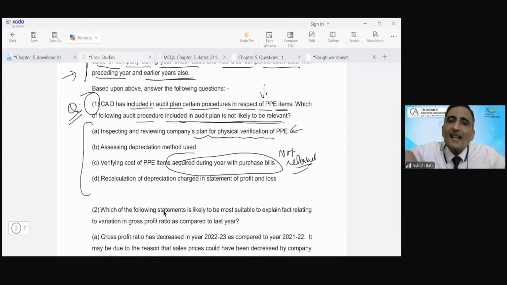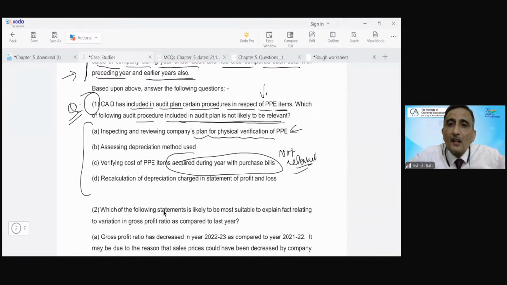Responsibility of physical verification lies with whom? It lies with management. The auditor's responsibility is to review how the company is going to make such a verification, review their plan, review their methods. Assessing the depreciation method used is also relevant because depreciation has been charged, as can be seen from the net block figure.